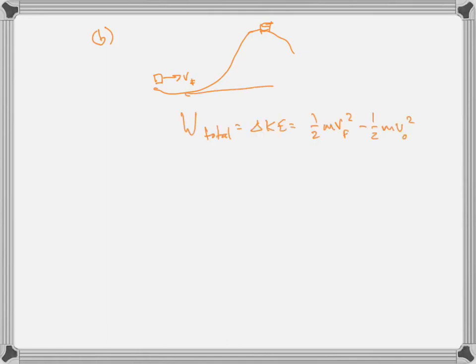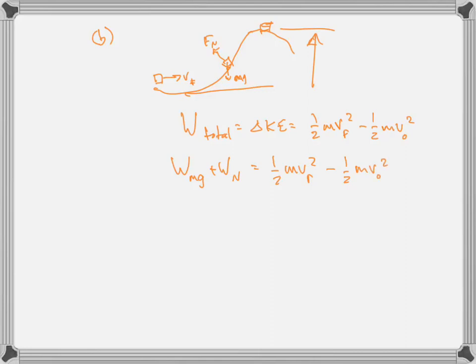As you go from here to here, there are again two forces on you, the normal force Fn and the gravitational force mg. The work total is the work done by gravity plus the work done by the normal force, equals 1/2 m v final squared minus 1/2 m v initial. Now I have to be careful here.